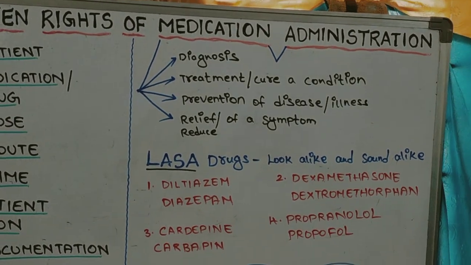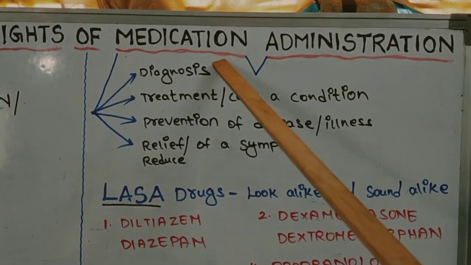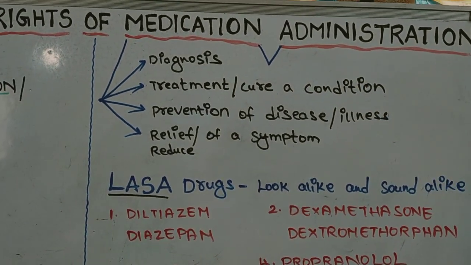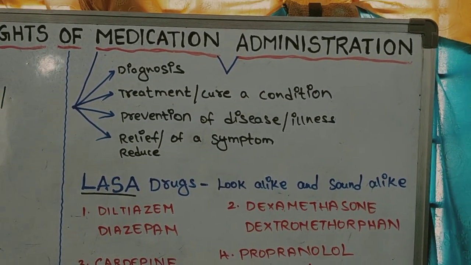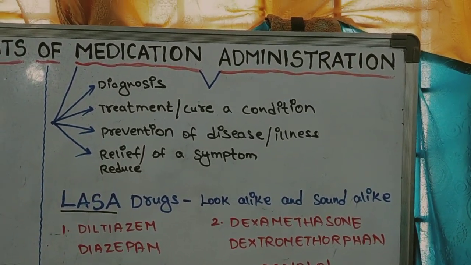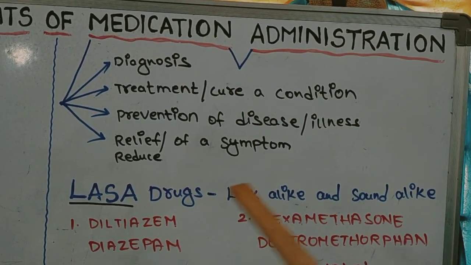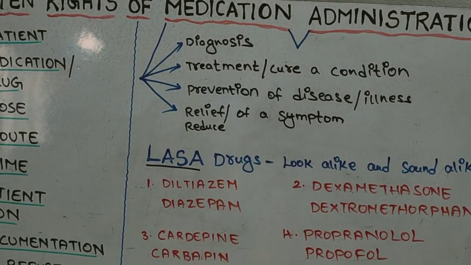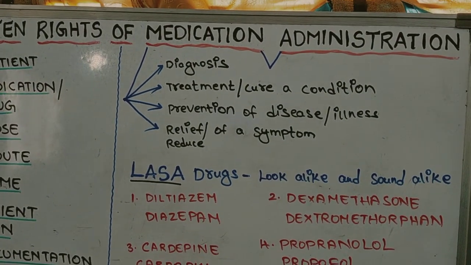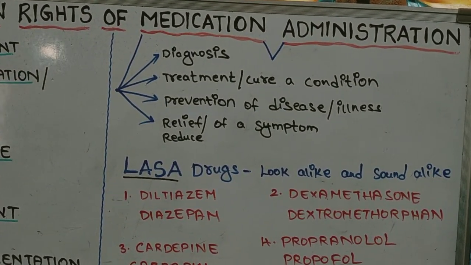Nurses play a very unique and important role, because frequently nurses are the final person to check that the medication is prescribed and dispensed correctly before it is administered to the patient.